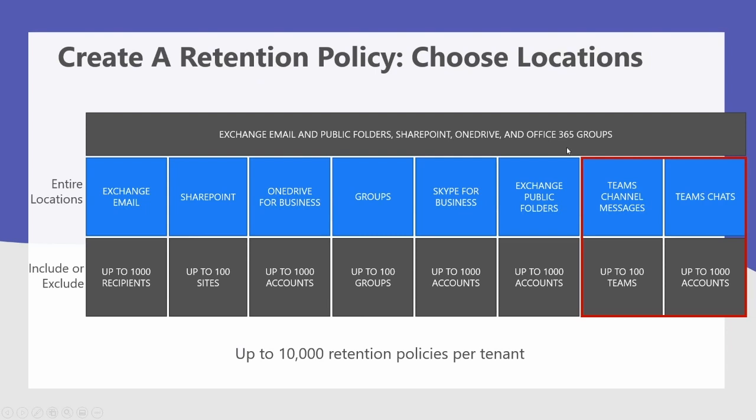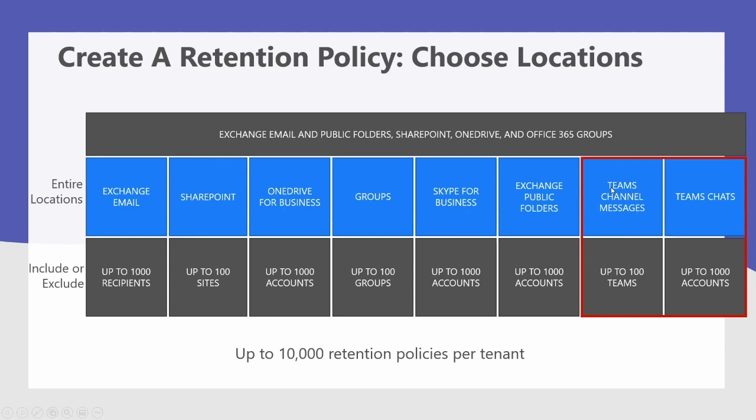Or if you're specifically using a policy to manage channels and chats, then you can only deploy it to those locations. For some reason, you just need to create a separate policy to manage channels and chats. You can't just include it as a big group policy across Office 365.